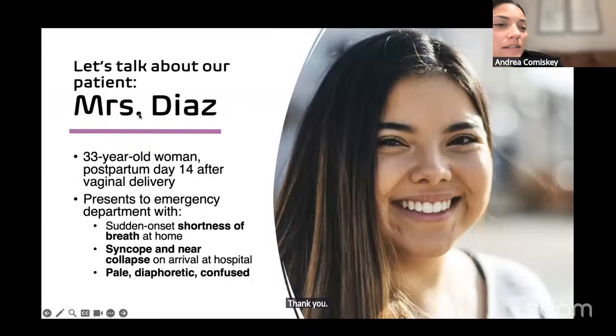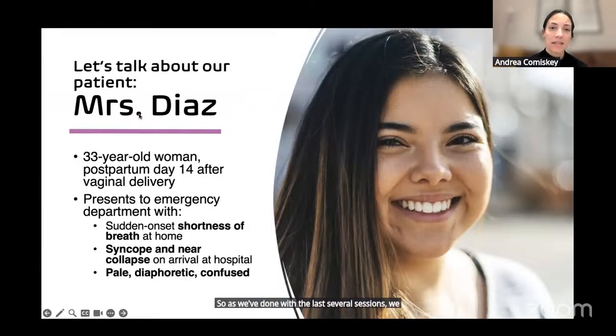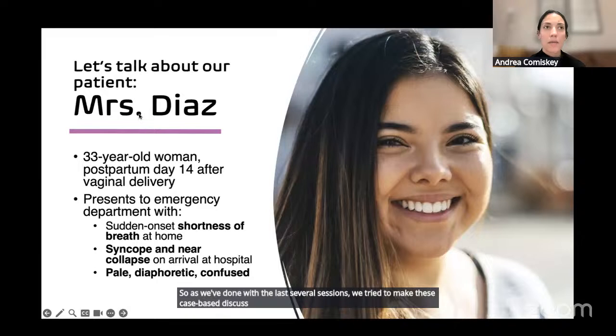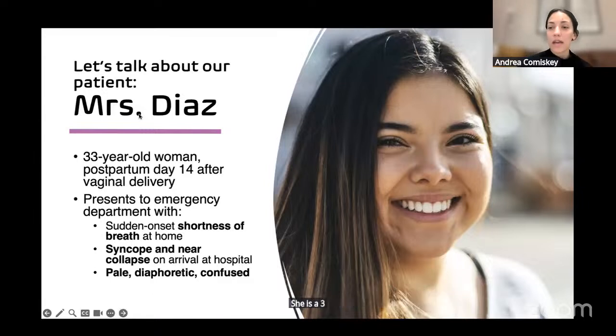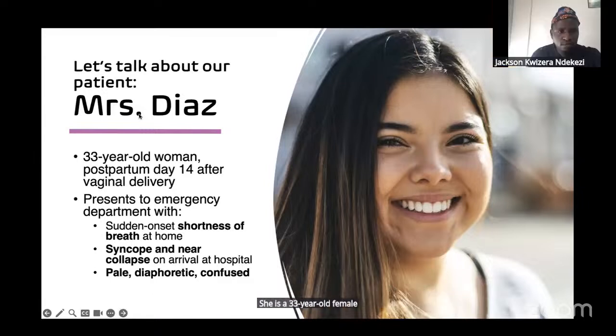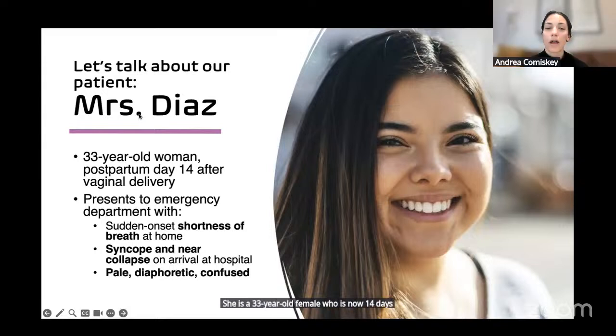So, as we've done with the last several sessions, we tried to make these case-based discussions in order to make them as comprehensive and coherent as possible. Today we have our patient, Mrs. Diaz. She is a 33-year-old female who is now 14 days postpartum from a spontaneous vaginal delivery.